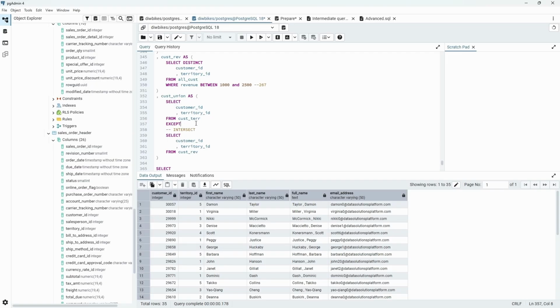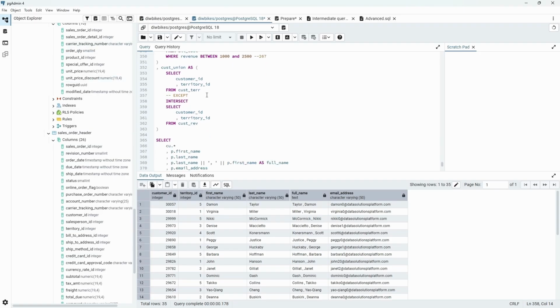Now the intersect works more or less in an opposite manner. Basically, we have two queries, and you want to see what is common between both. So when we are talking about intersect, we are comparing two basic queries and returning only rows that appear in both queries.